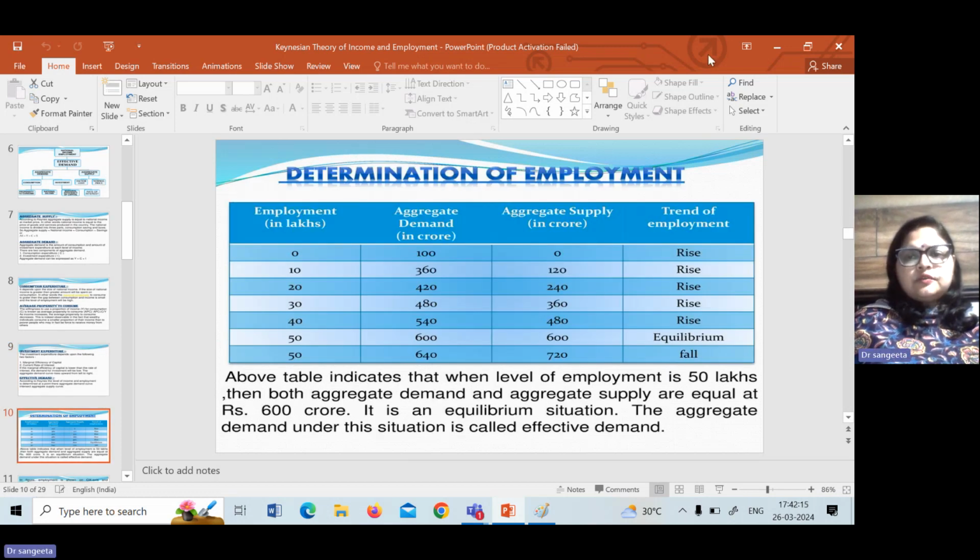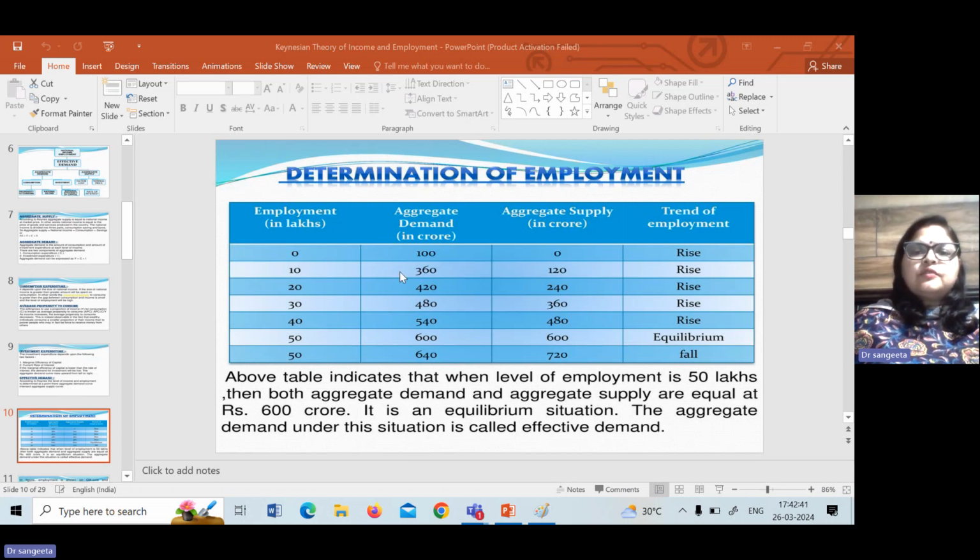We can understand this flow chart with the help of one simple example. In the first column, we have employment in lakhs, second column, aggregate demand in crore, and aggregate supply, and the last column the trend of employment. First, see here, employment is zero, but still there is demand, because we cannot have negative or zero demand.